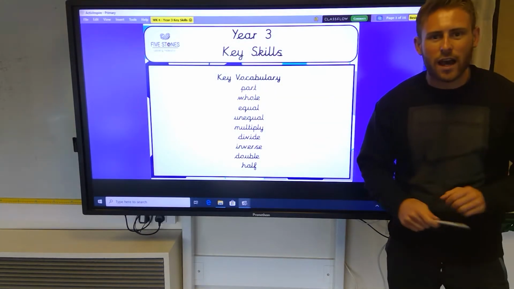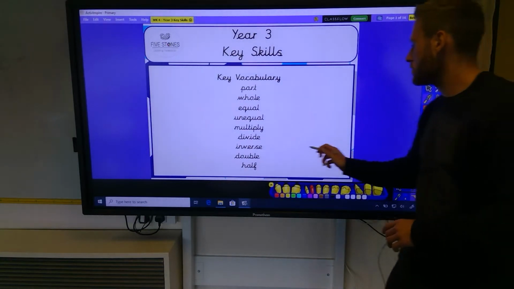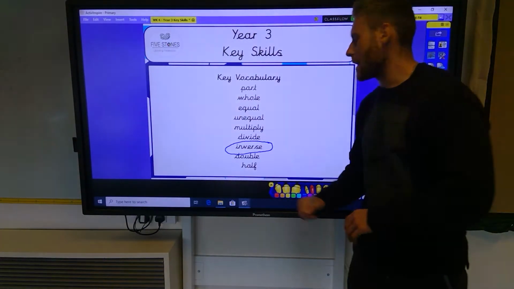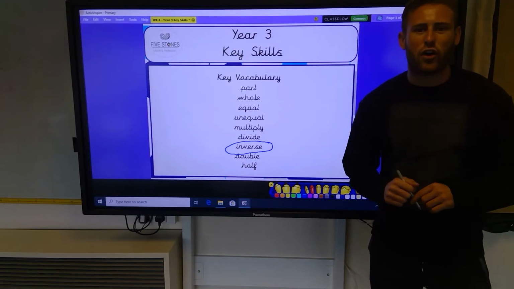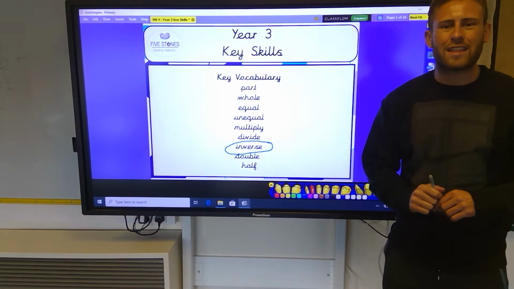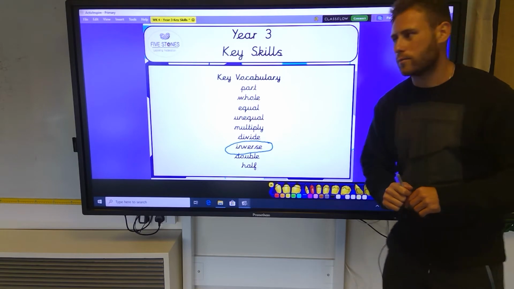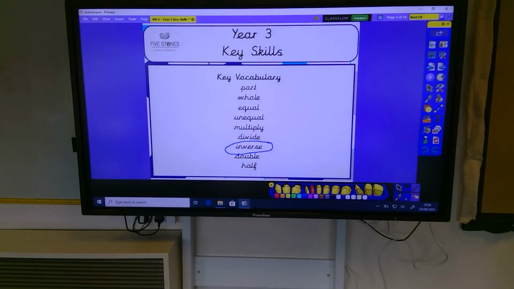Fantastic. So get started with your talk partner, and I want you to discuss what you know already about this word here. This piece of vocabulary says inverse. What do you know already about the inverse? Off you go. Great.